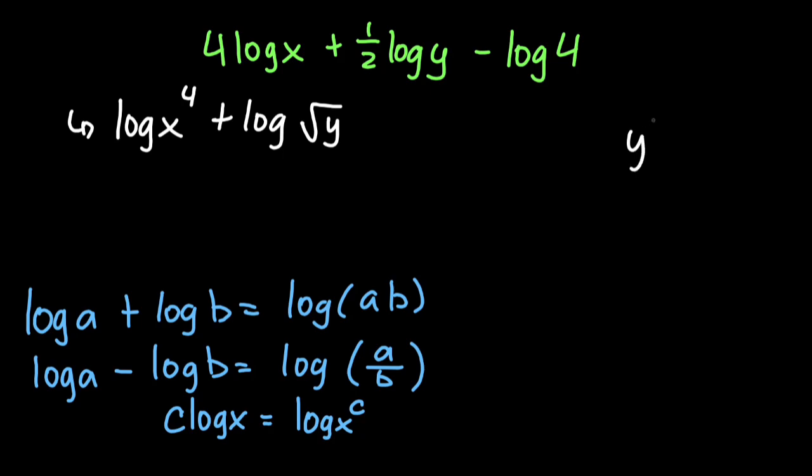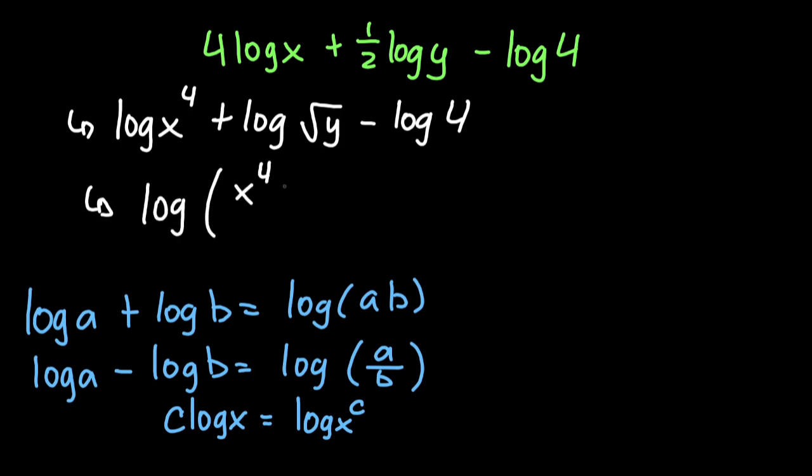Note that y to the power of 1/2 is the same as square root of y. Minus, since we don't have any variable here, just copy it. So this would be log of 4. And so we can condense it now. This would be log of x to the power of 4 multiplied by square root of y over 4.